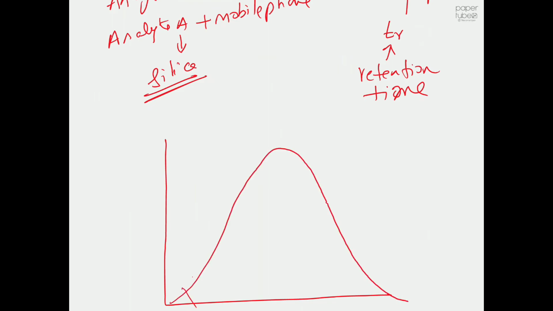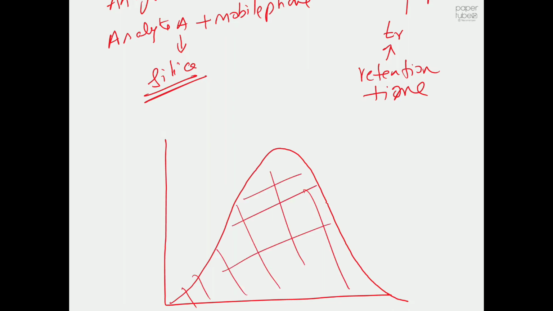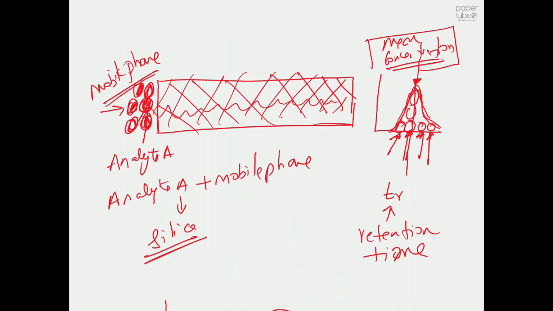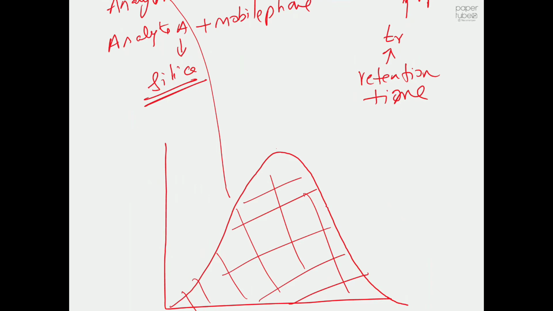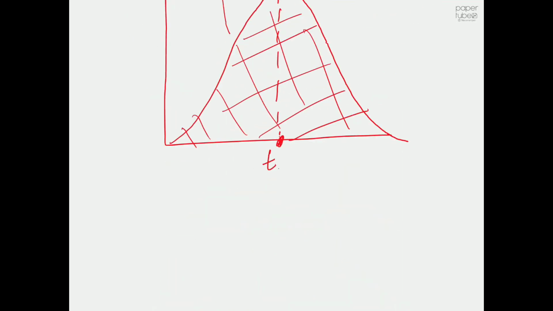Everything under the curve should give some statistics about the concentration that goes into the column at the inlet side of your column, so that should be equal to the area under the curve. Whatever you have as a mean value here, you just draw the line, and the time that you observe on the x-axis should be equal to your retention time.